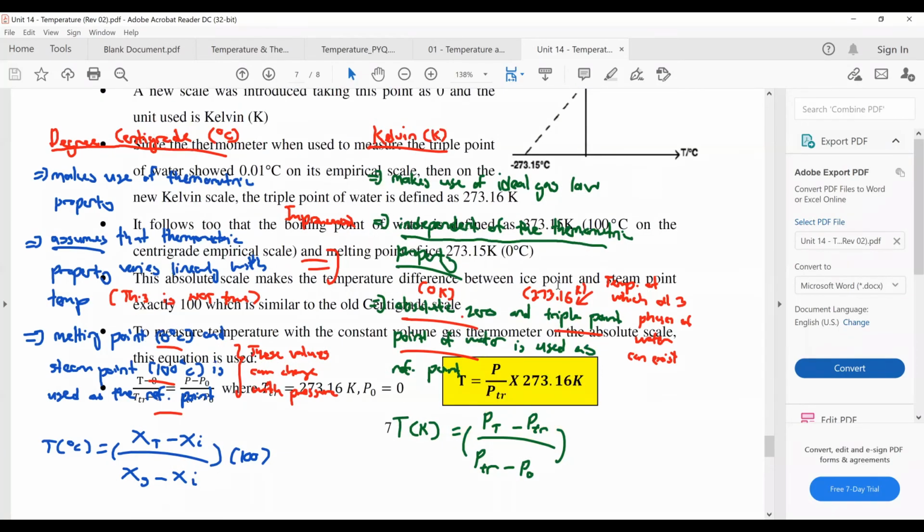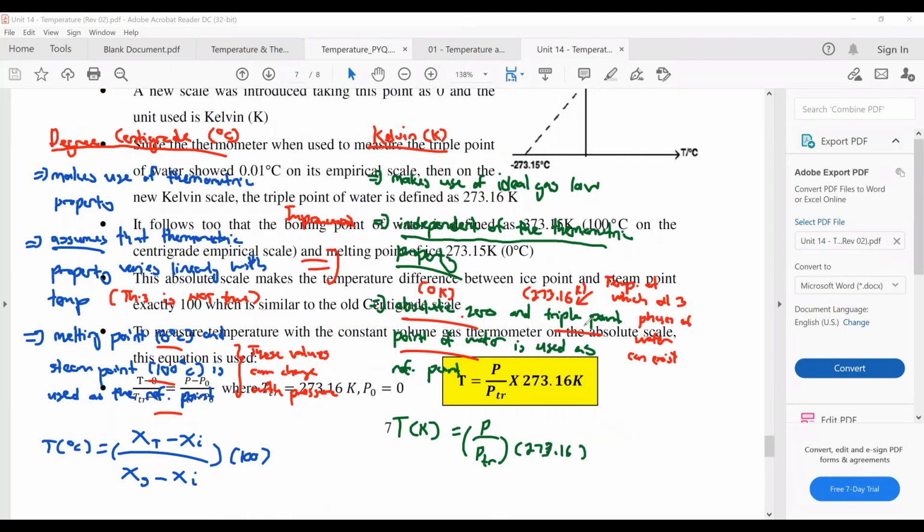Sorry, I made a small mistake here. Right, I made a mistake in the equation. It is actually just pressure at that temperature divided by pressure at triple point, times 273.16.